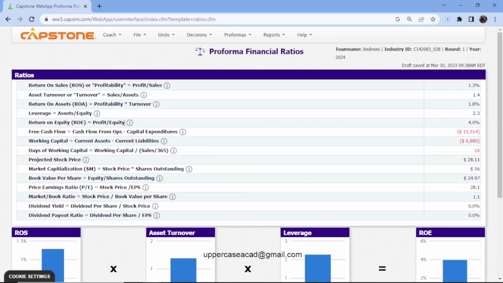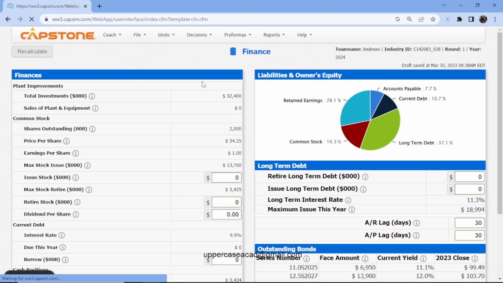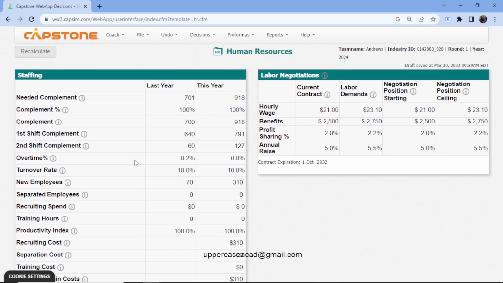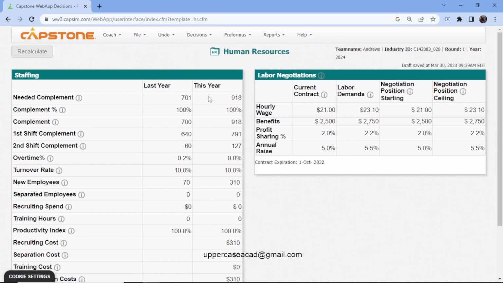Here we see that my days of working capital are very minimum. So let me invest in my finance. The reason why I have not touched the human resource is that in this round we can't make any decisions in terms of investing in training hours and recruiting spend. So I'll just skip to finance.